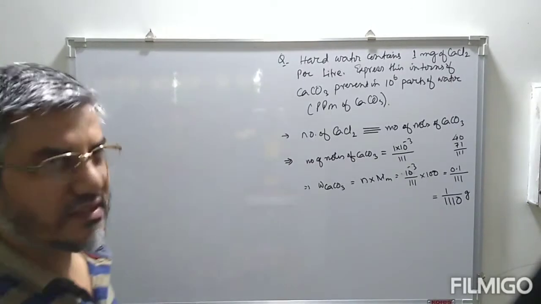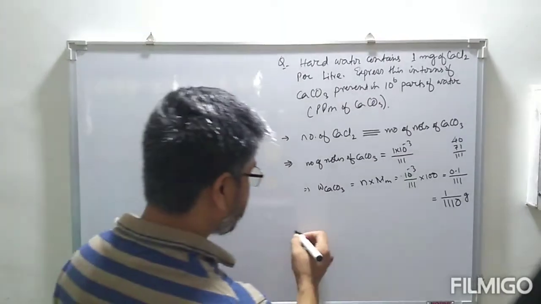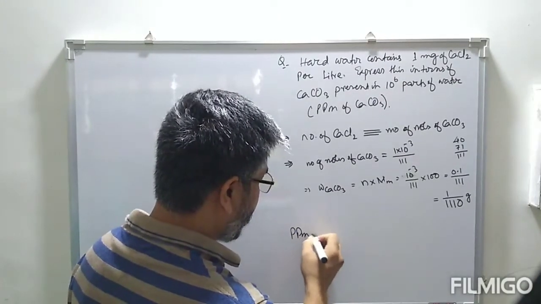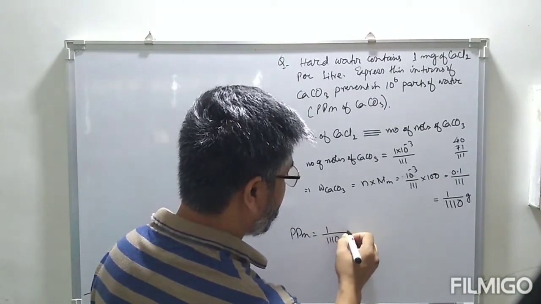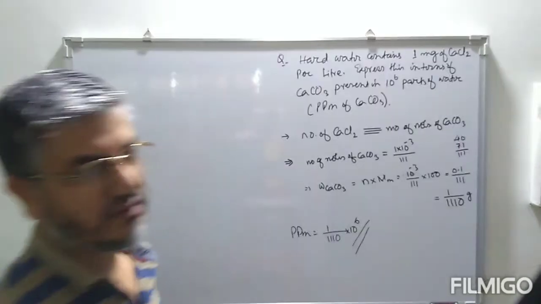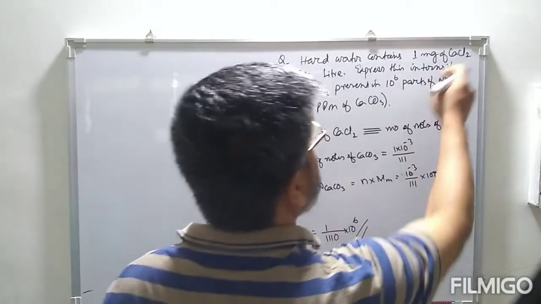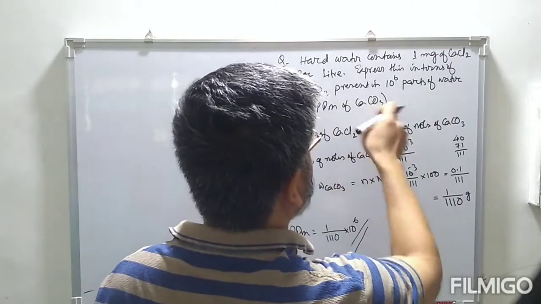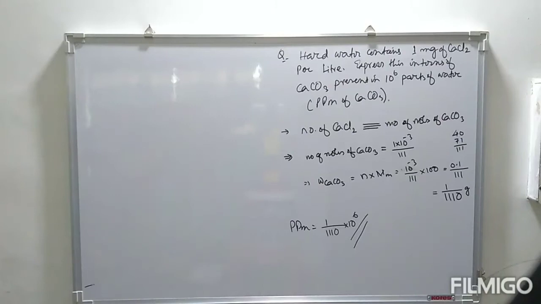So 1 liter, density is 1, so we have 1000 gram. Therefore ppm is 1 by 1110 into 10 to the power 6. So this is parts per million when this 1 milligram of calcium chloride is expressed in terms of calcium carbonate.